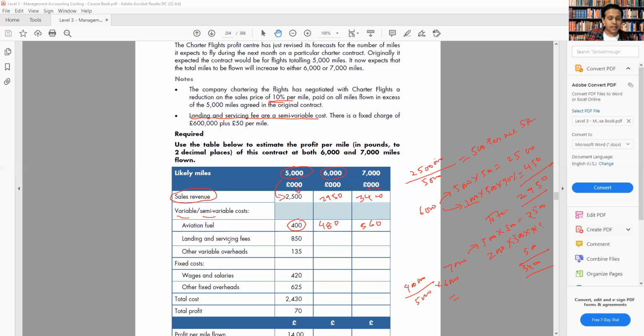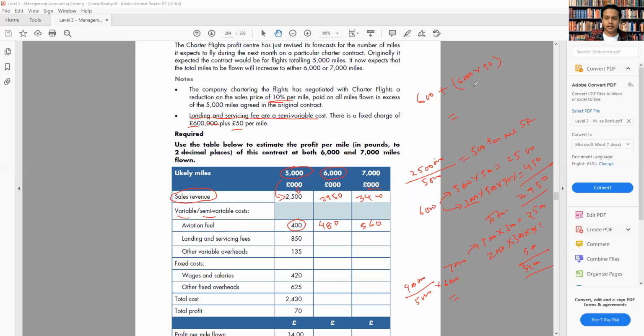Then the next one, we have the landing and servicing. The question said it is semi-variable. So 600 is fixed plus 50 per mile. So we can do that. 600, we don't have to worry about this 30 because we have to subtract it anyway here. So 600 plus 50 per mile. For the 6,000 mile, we do 6,000 times 50, and that will give me the total cost for 6,000.